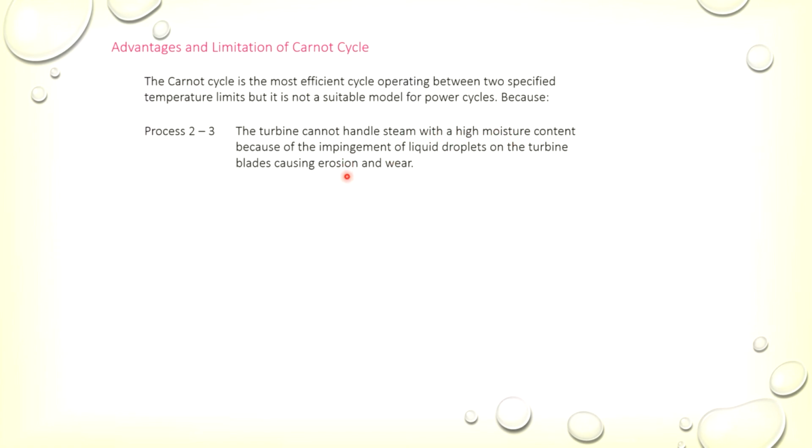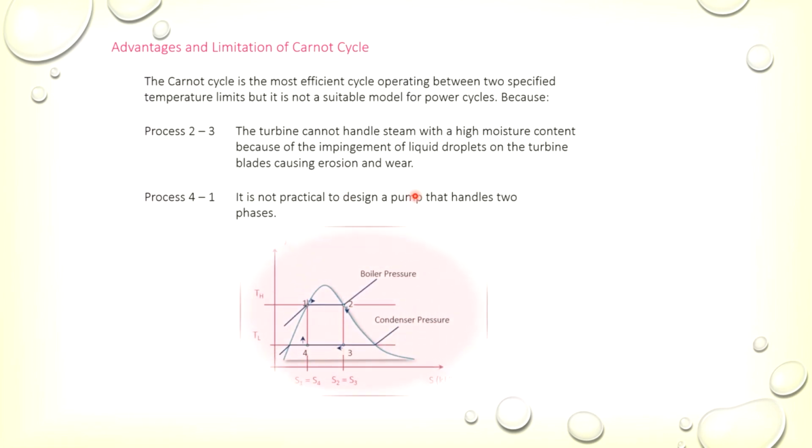Let us go to the TS diagram. State point 2 to 3 is here. At state point 3, the moisture content is very high. The dryness fraction is somewhere around 0.6 or 0.7 from my diagram, and 0.6 or 0.7 is known as poor quality steam.